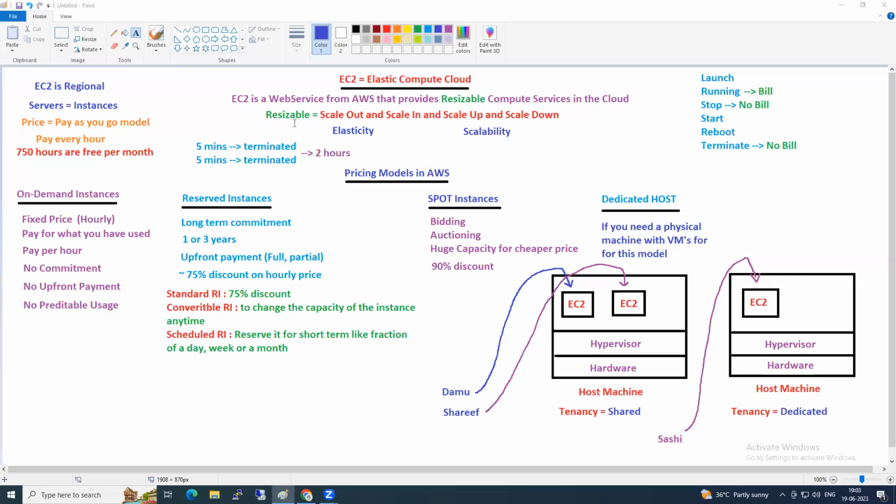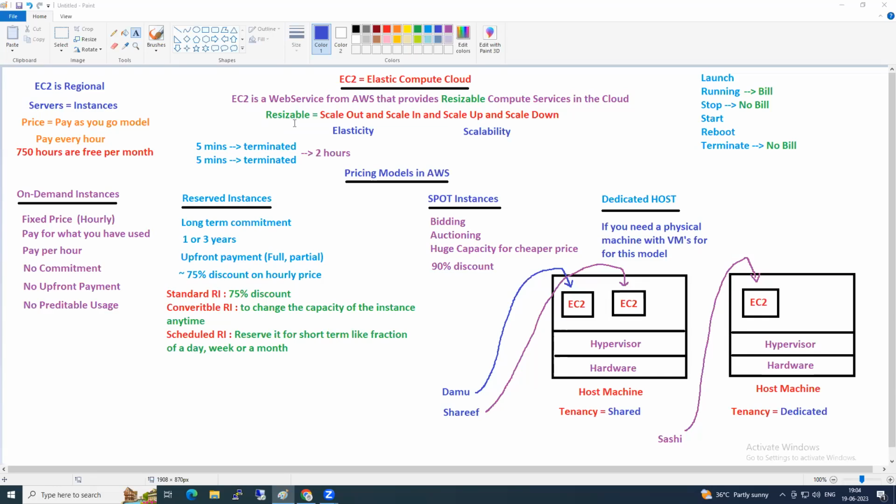If you want a dedicated flat separately, for a single person, which one is costlier? The dedicated one is costlier, no? If you want security, you don't want to allow anyone inside, you want to be alone, go for dedicated, but you need to pay more. Of course, it costs a lot.